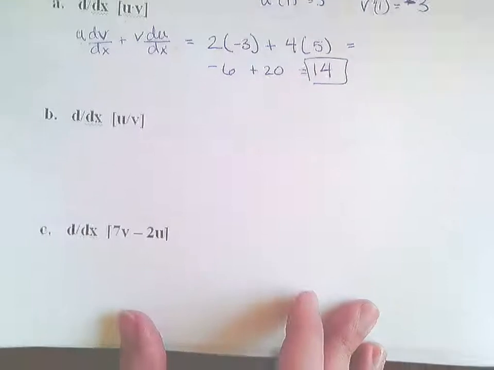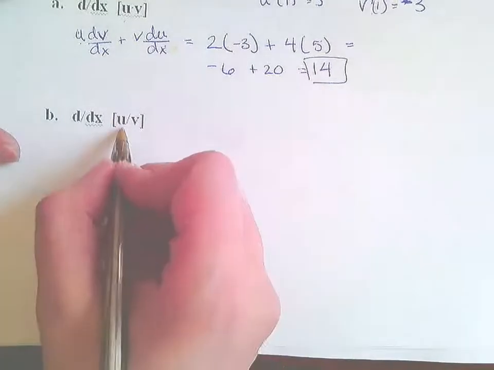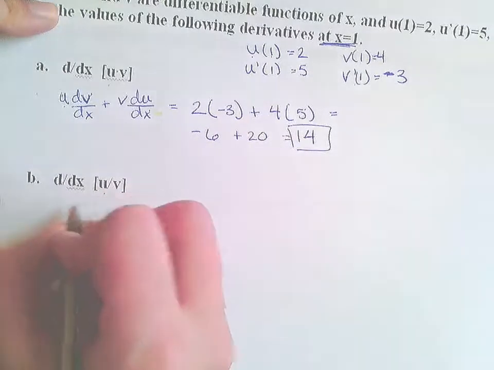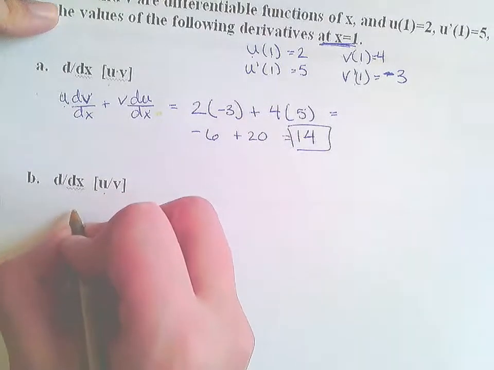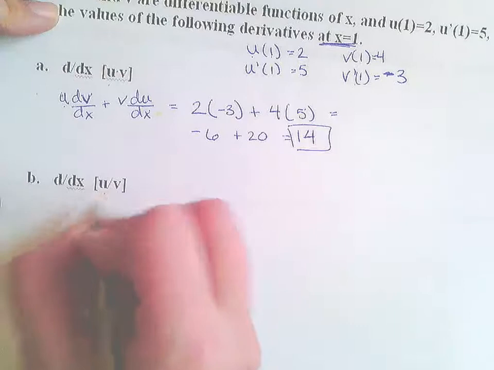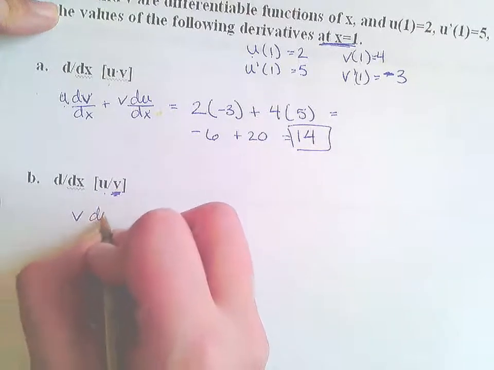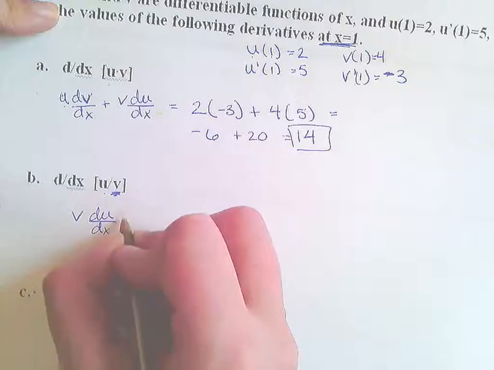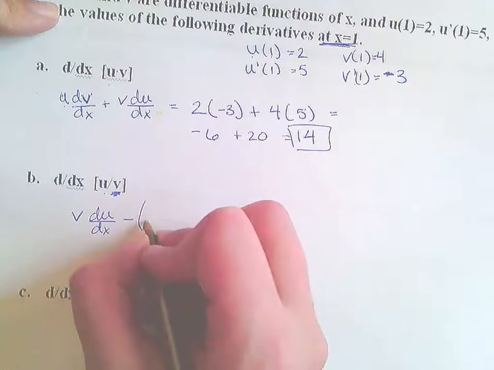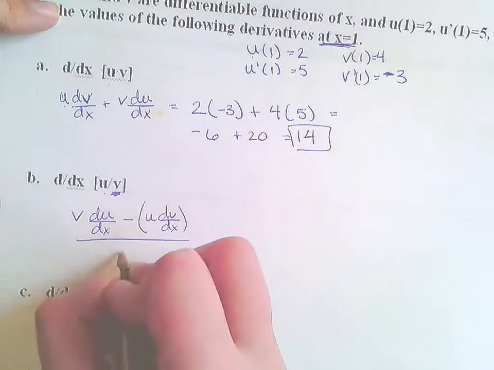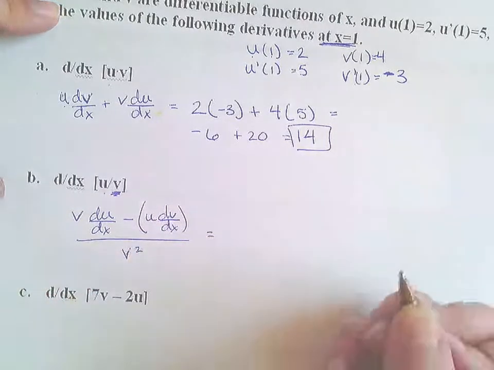Pretty straightforward. This one is the quotient rule, but you're still using the same exact rules here. Remember, you always start with the bottom. So v times du dx, minus, in parentheses, u times dv dx, all of that over v squared.